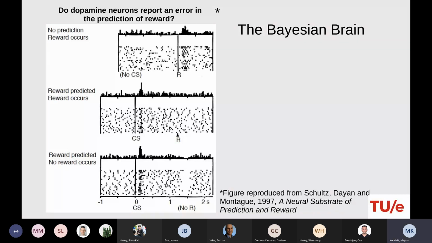We have an error here, we have a prediction error. We go along, go back to baseline. But then once the reward is supposed to come, we're here. Instead, we get nothing. And what we see is a cessation of neural activity.